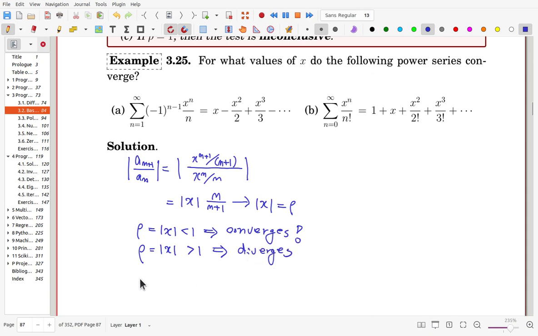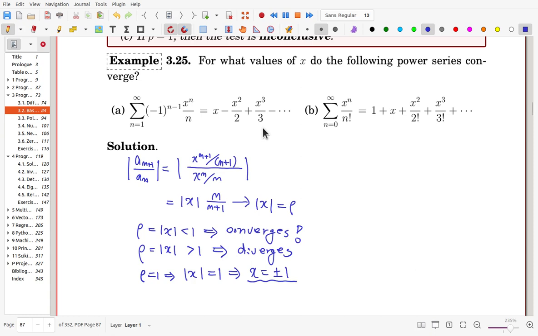And what if rho equals 1, which means the absolute value of x equals 1, so x is plus or minus 1? In this case, the test is inconclusive, so by using the test we cannot decide if the series is convergent.